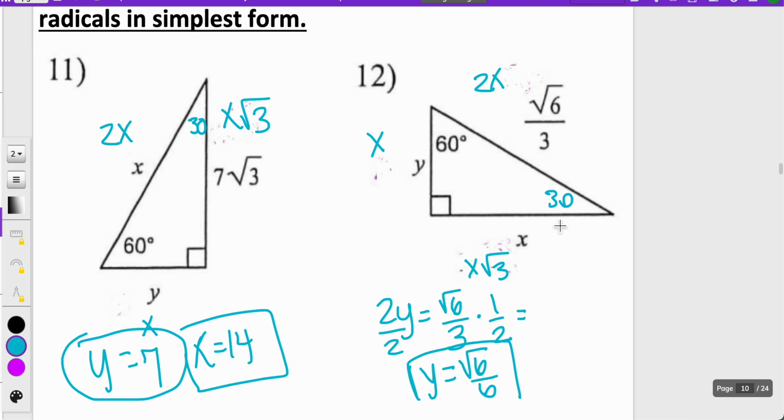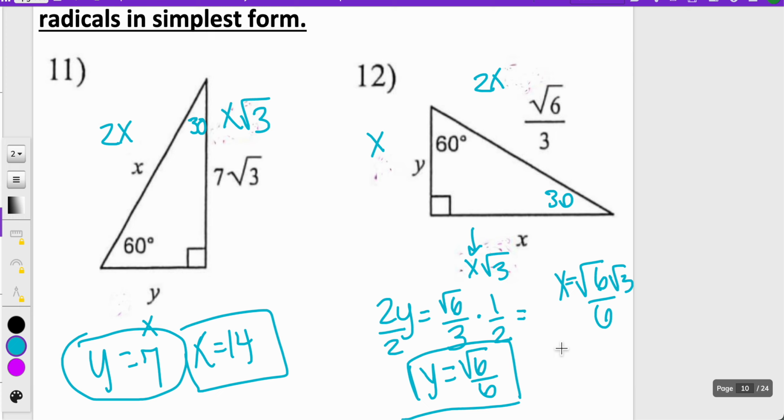And then x, because I know that that is now equal to that, I'm going to plug that in here. So x can be equal to the square root of 6 over 6 times the square root of 3, because I'm multiplying by the square root of 3, whatever x was.